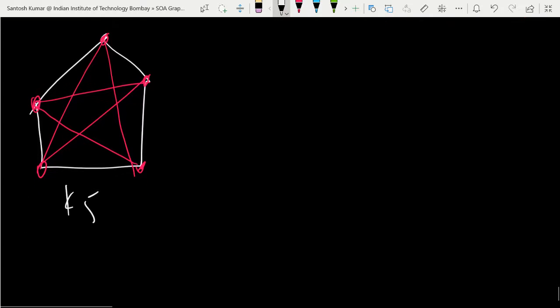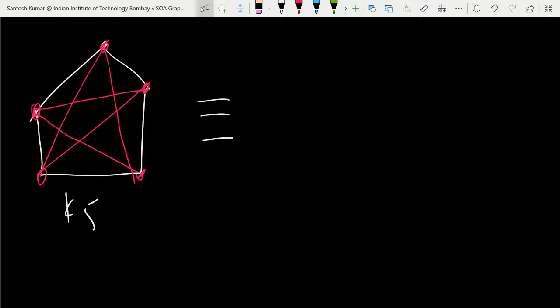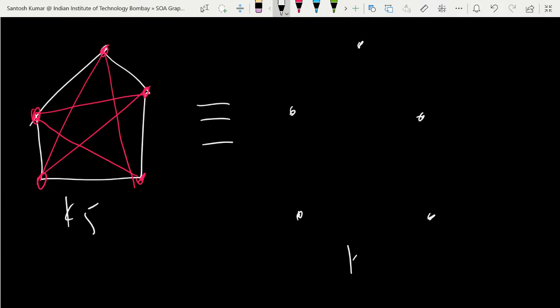What I have drawn is non-planar, but the question is, can you modify it? Can you write a planar representation of this graph? Try on your notebook first and see. Tell me yes or no: can we draw K5 in such a way that no edges cross each other?